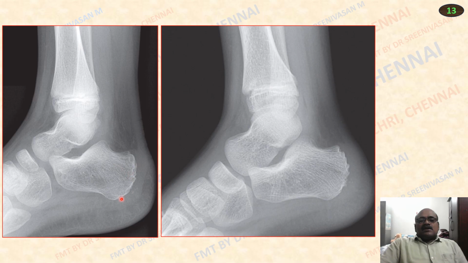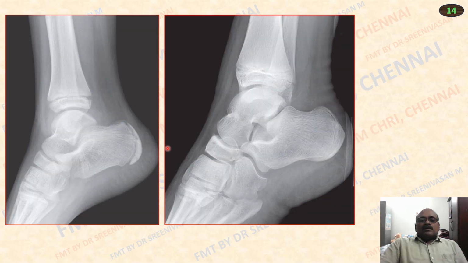So in this X-ray, as you are seeing in the calcaneus, the primary center has formed, but the secondary center has not appeared, as you are seeing this rugged contour here at the posterior part. That means it has not appeared. So age is less than 8 years, right? Here appeared, not fused.